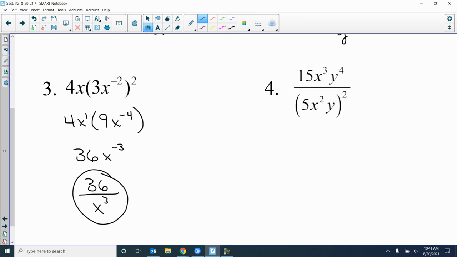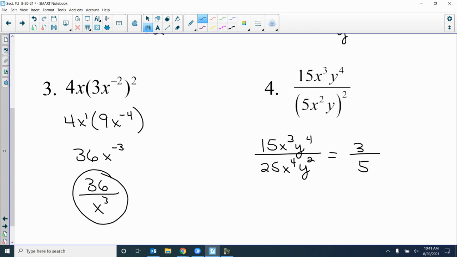So I got 15 x cubed y to the 4th over 5 squared, 25 x to the 4th y squared. Reduce fractions, and I'll do this first part for you. 15 over 25, 5 will go into both and make that 3/5.